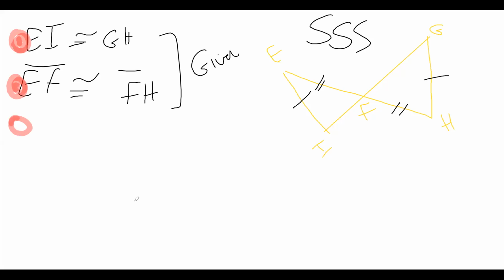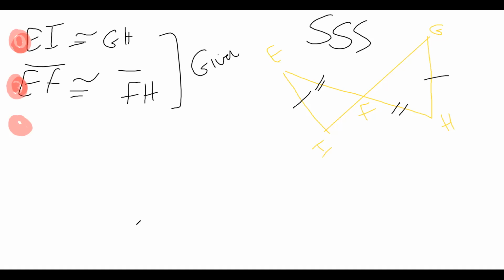So what do I need now? I need the third one. From where do I bring the third one? From GI. IF and GF.